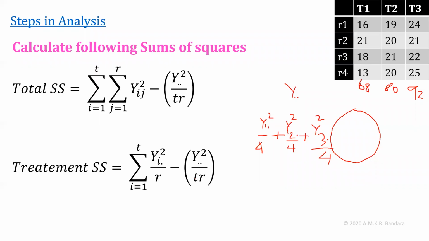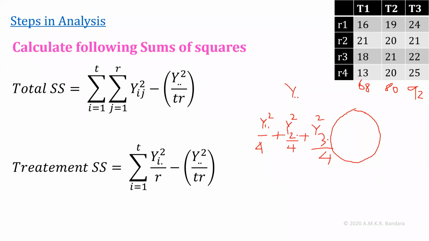From that, deduct the correction factor, this one, same thing, then you will get the treatment sums of square. So you have calculated the total sums of square using this formula, and now you have the treatment sums of square.